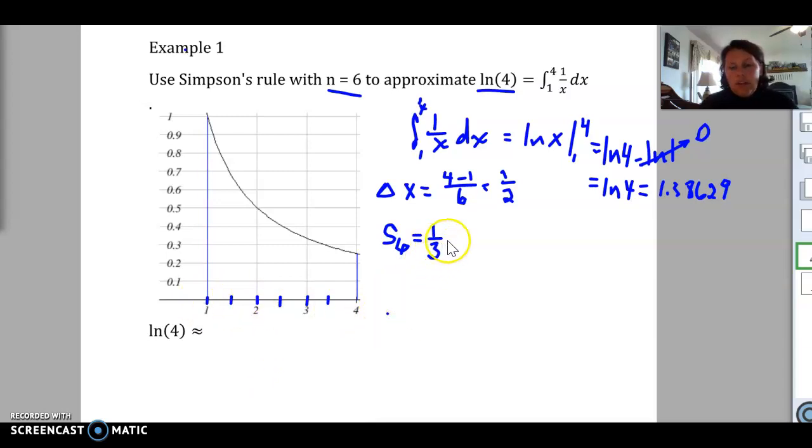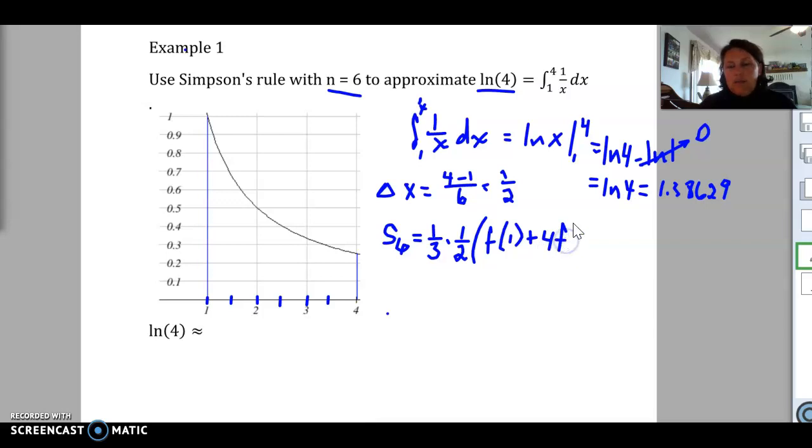So 1/3 times delta x, which is 1/2, times f of each one of the subintervals. So f of 1 plus f of, so 1 is going to be the coefficient for our first one. 4 is going to be the coefficient of the second one.